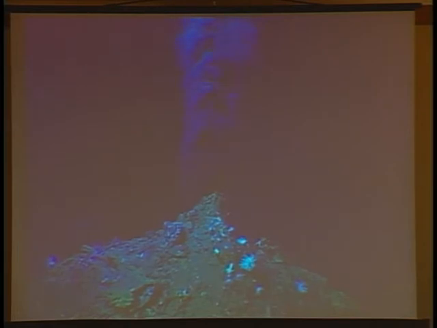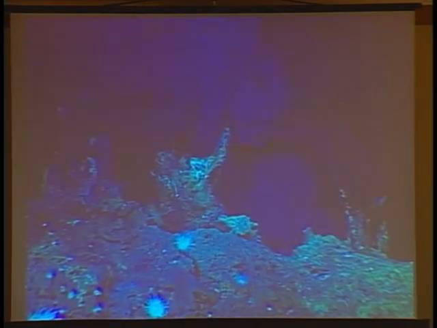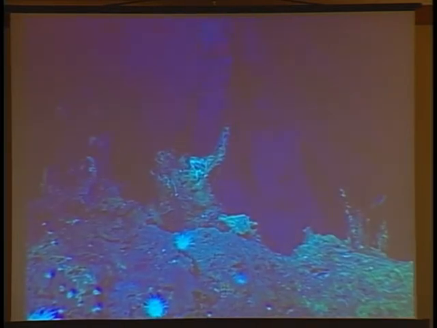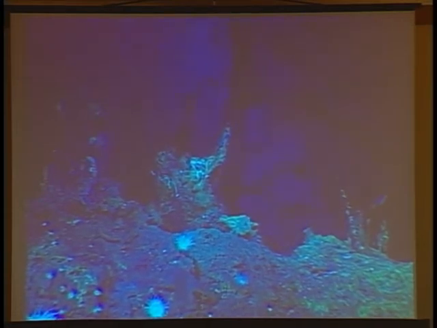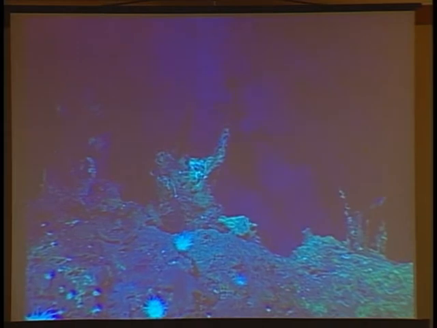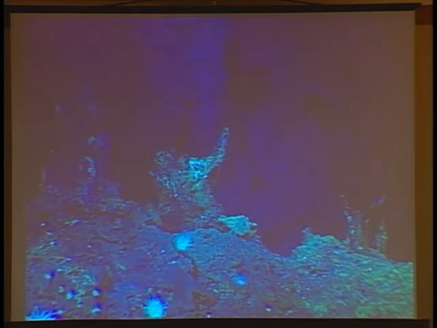Then when you move closer to the hot part, you see this black smoker, very active. And this is bringing at the seafloor fluids at temperature exceeding 350 degrees. And to transport and precipitate copper, for example, you need temperature higher than 300 degrees. So this smoker are directly precipitating the copper sulfide there.